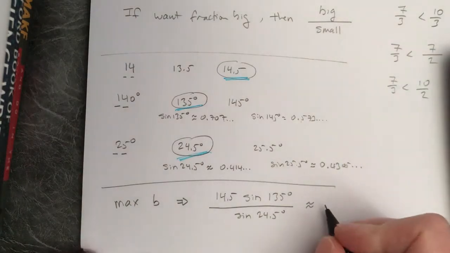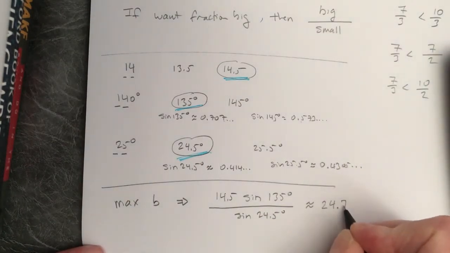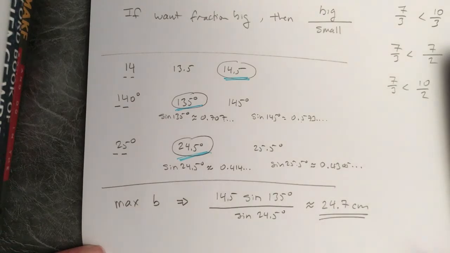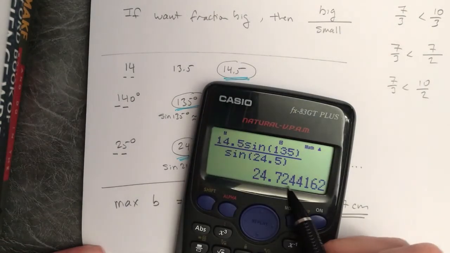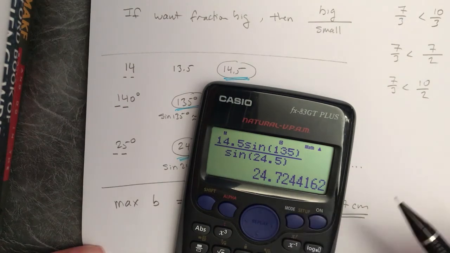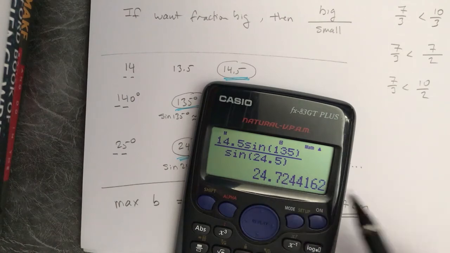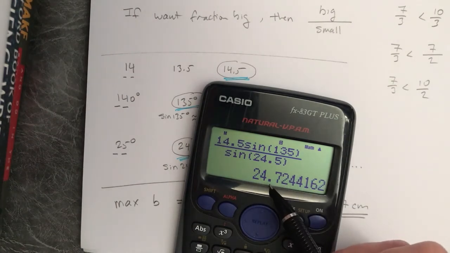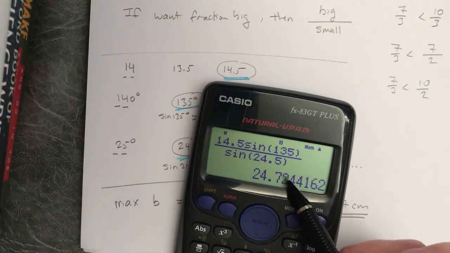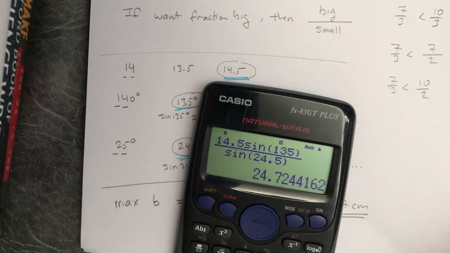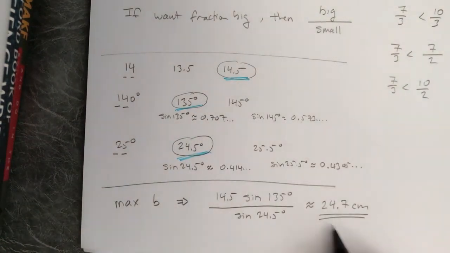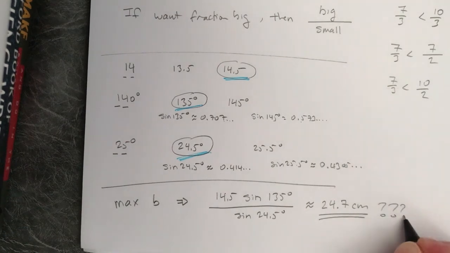And I'm going to say about 24.7 centimeters is an upper bound. Actually, it's a little bit bigger than 24.7, but am I justified in saying 24.8? Because that doesn't round me up to an 8. So I think this is a difficult question for what to say for this value. So I'm just going to say maybe.